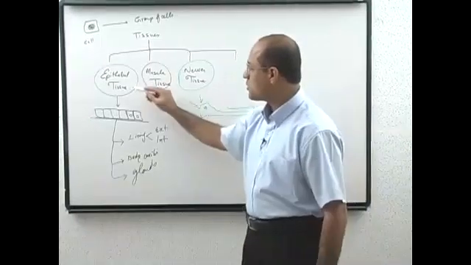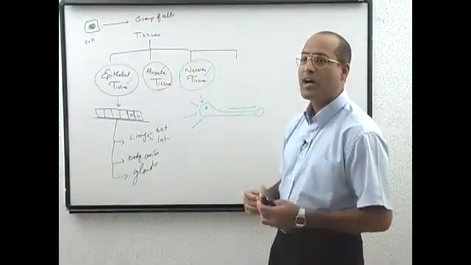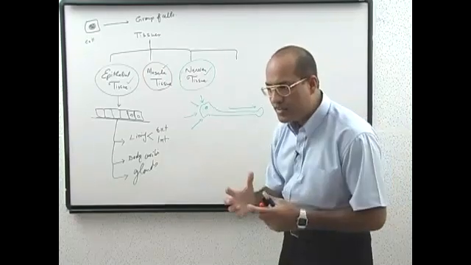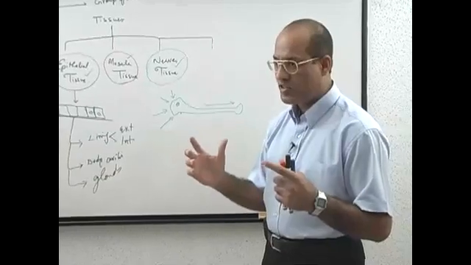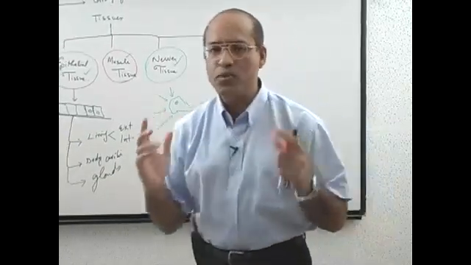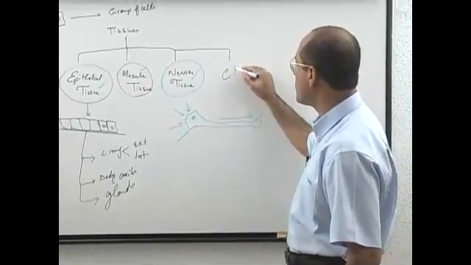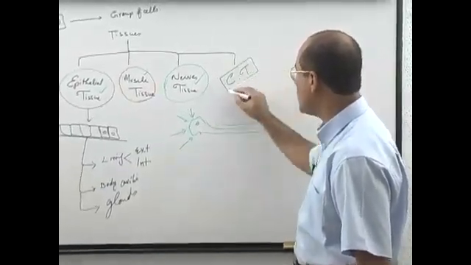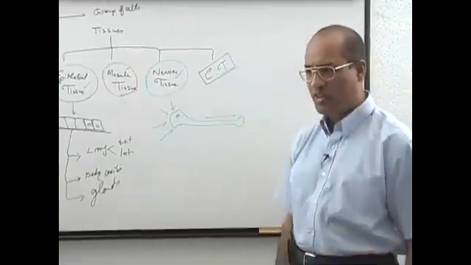And all these tissues, epithelial tissue, muscle tissue, nerve tissue, all of them are connected and supported structurally and functionally by connective tissue. Connective tissue. This is what we are going to study in detail. So what is connective tissue? Connective tissue is present all over the body.